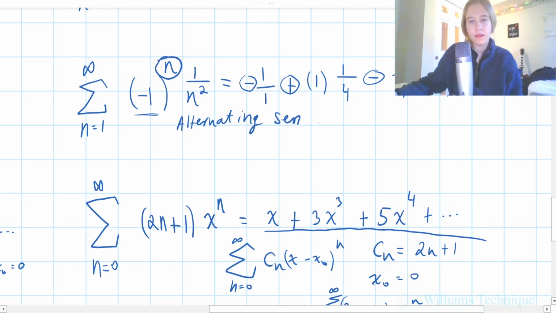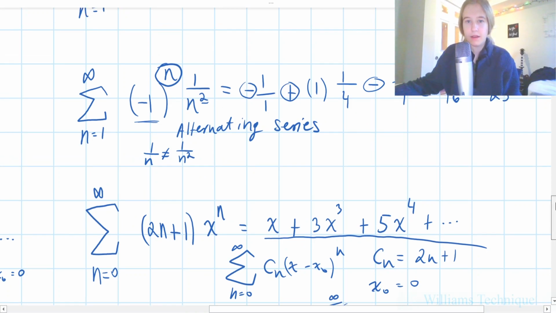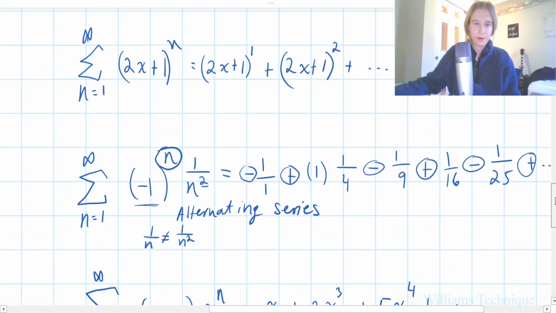There's no x, so this is an alternating series. And also the reason it's not a harmonic series is that 1 over n does not equal 1 over n squared. As you can see, this is n squared.